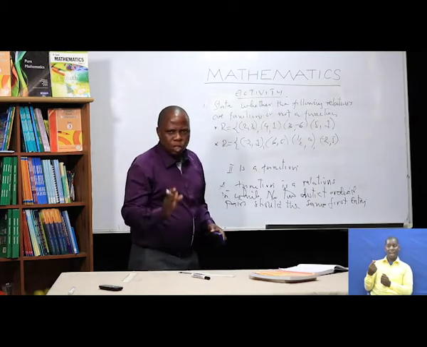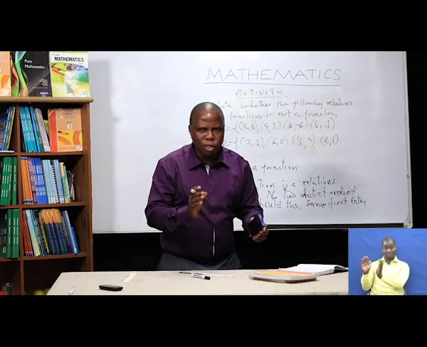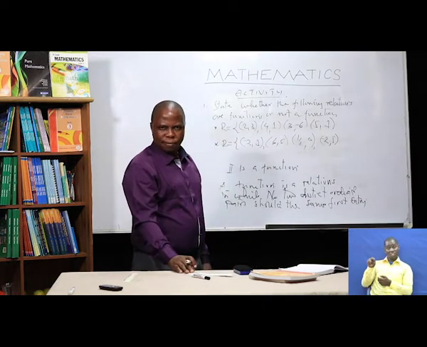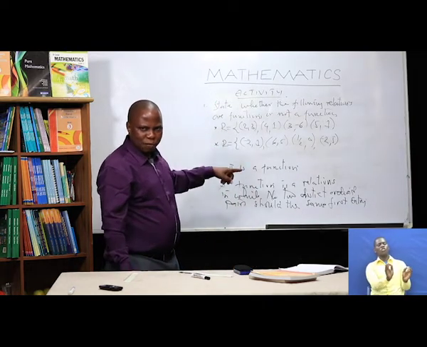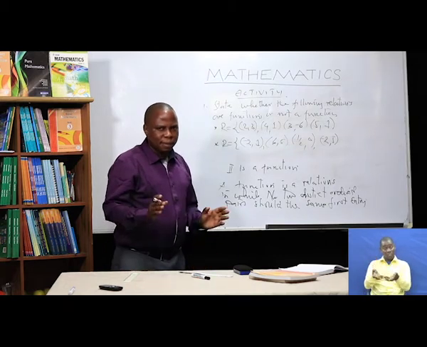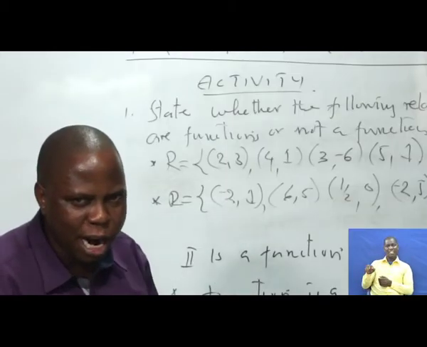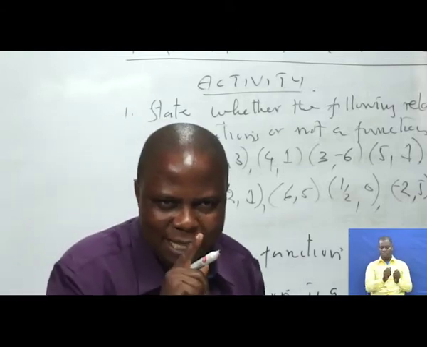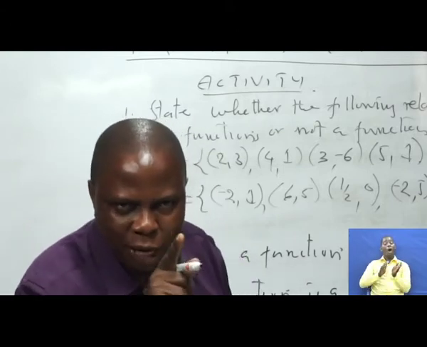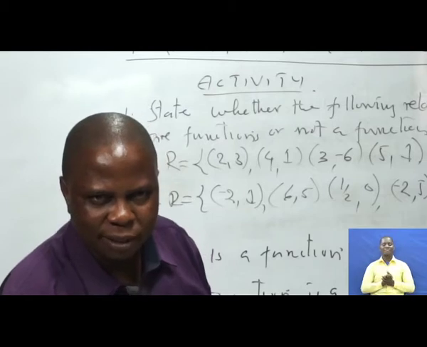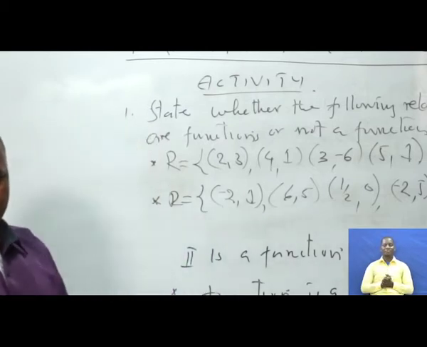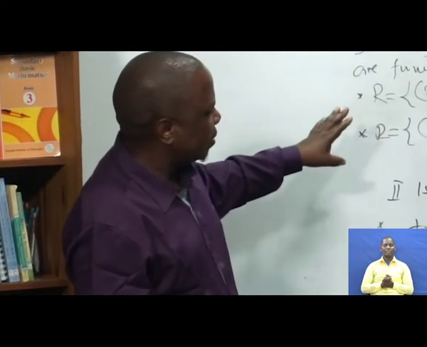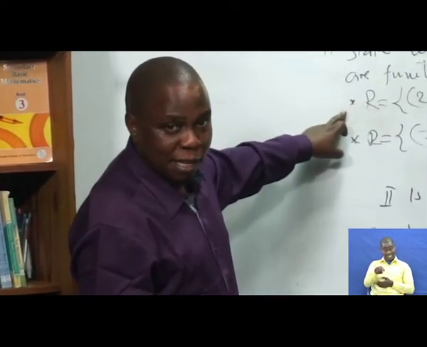Look at the following two relations. Can you tell me which one is a function and which one is not a function? Remember what we have discussed there. How will you know that a given relation is a function or not a function? Look at the first entry of each ordered pair. Okay?